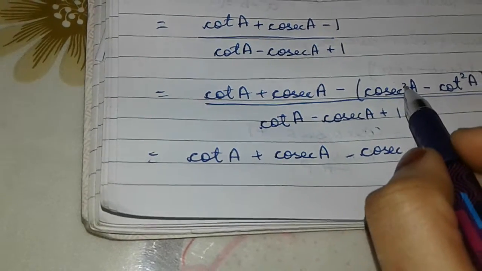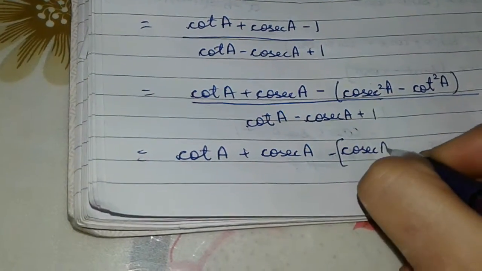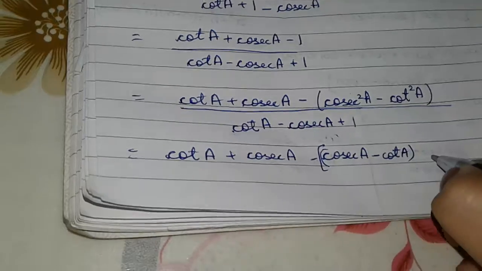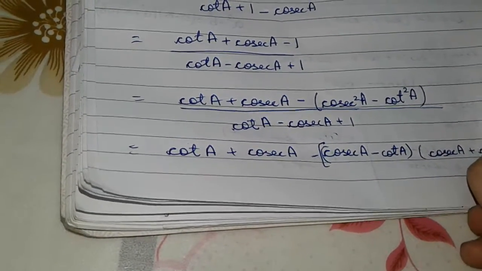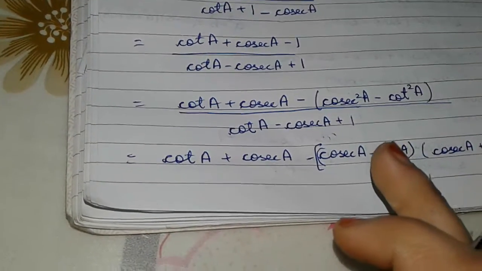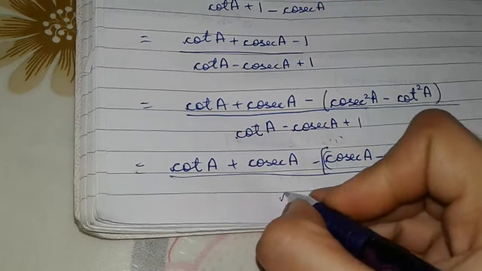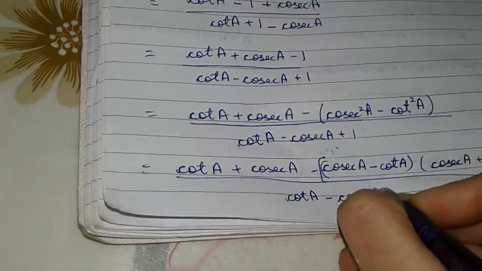First open this formula A square minus B square. It will be opened as cosec A minus cot A, that is A minus B, multiplied by A plus B. Okay, and in the denominator it will be cot A minus cosec A plus 1.